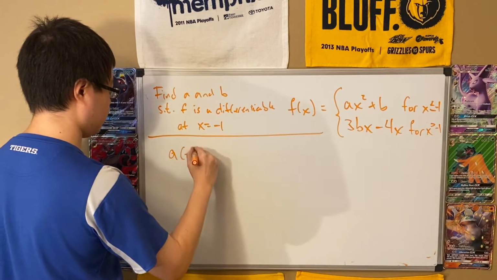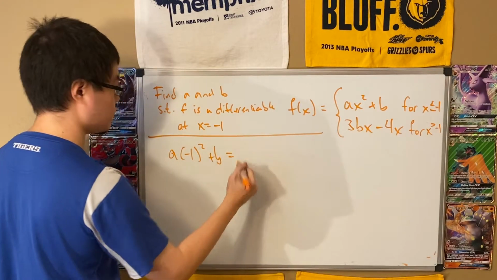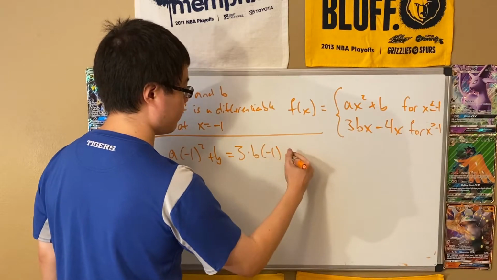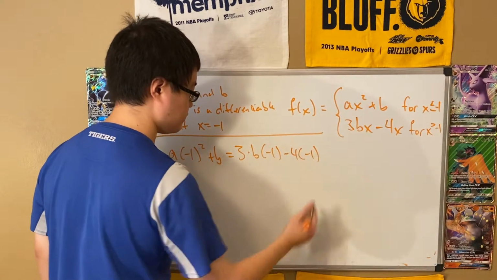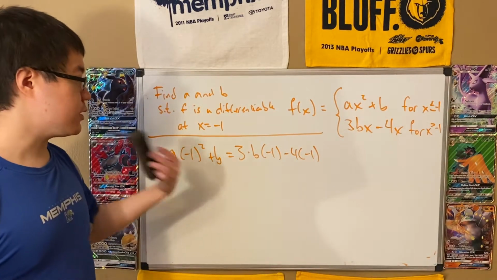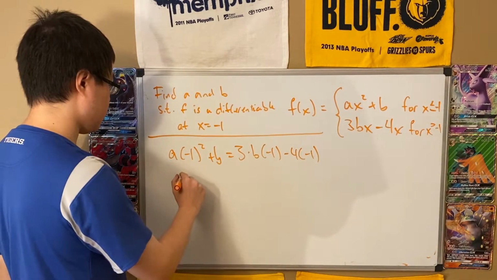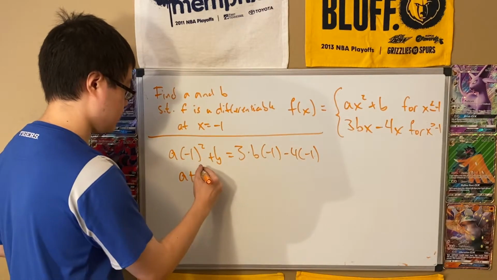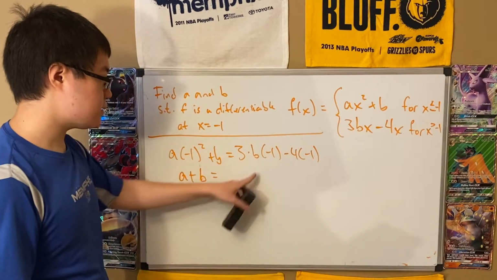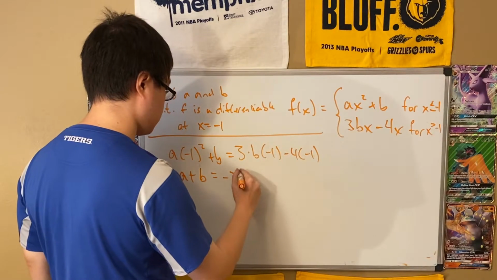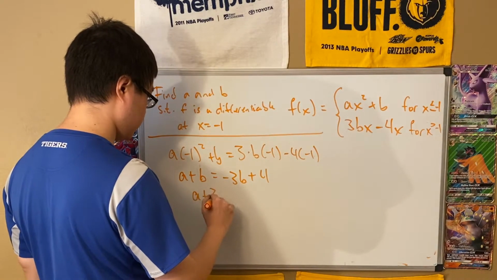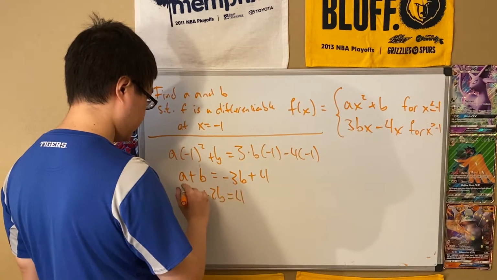I'm just going to simplify this a little bit. It looks like it's going to be a plus b, because the negative 1 squared is 1, of course. Then you're going to get minus 3b plus 4. And then we're going to solve this a little bit more. a plus 2b equals 4. So I'm going to box this.